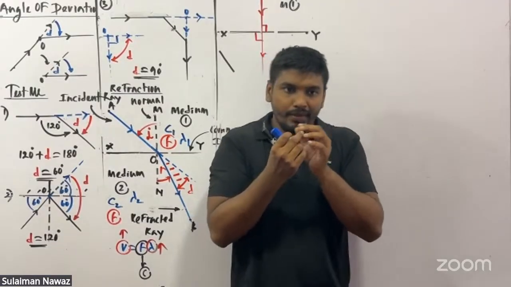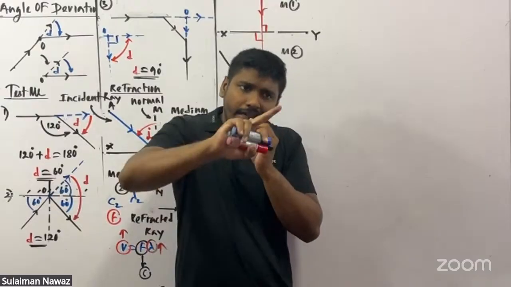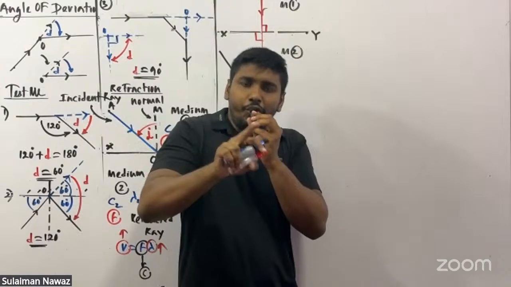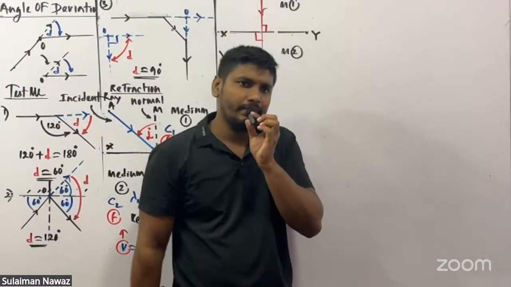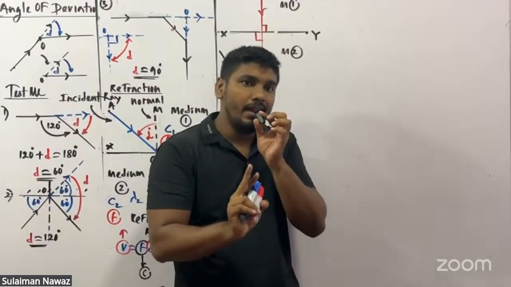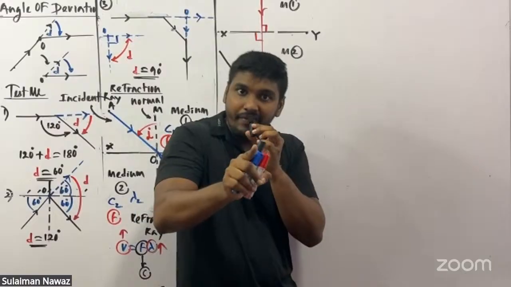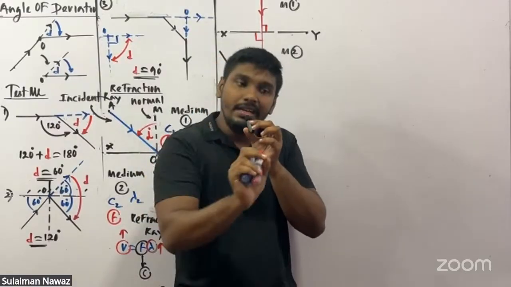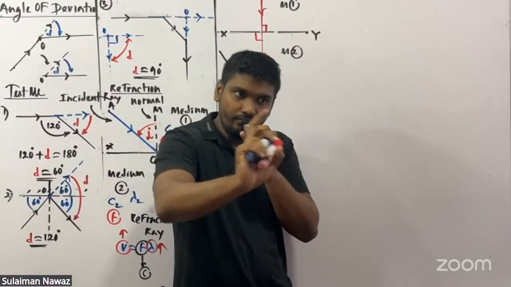Remember, based on the speed of the light ray in the relevant mediums, we are going to divide the mediums into two categories: rare medium and dense medium. The rare medium and dense medium we already learned in characteristics of waves, but again we are defining them based on the speeds of light rays in mediums.